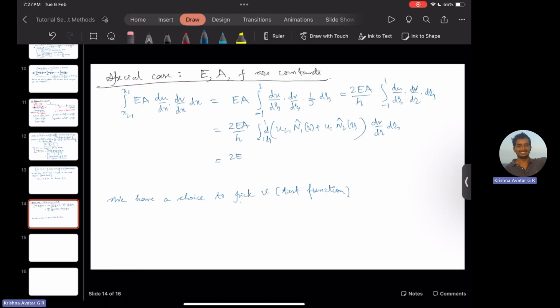So this becomes 2 EA by h, the integral from -1 to 1 of u(i-1) dN1 hat by dz plus ui dN2 hat by dz, times dv by dz.